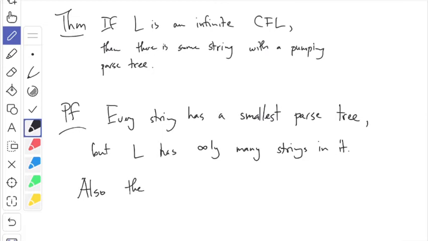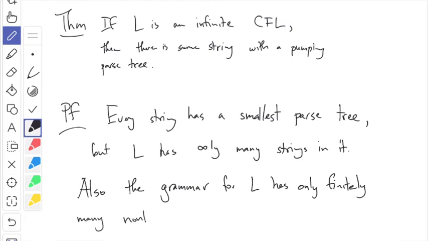the grammar for L, this is the important thing that I didn't say, has only finitely many non-terminal symbols in it. Finitely many. The grammar for L only has finitely many non-terminals. That's like the big S, the big X, the big Y, right?